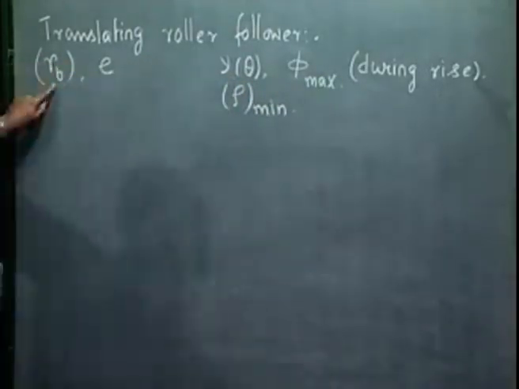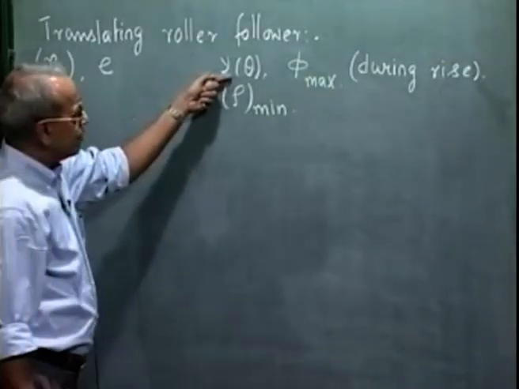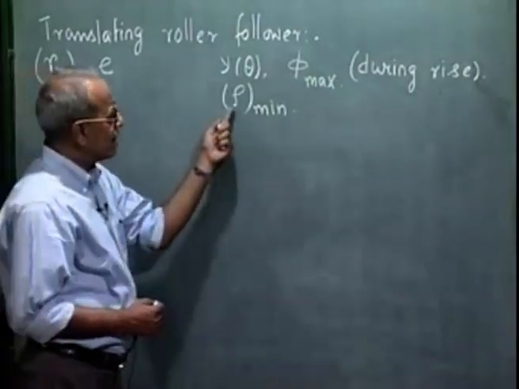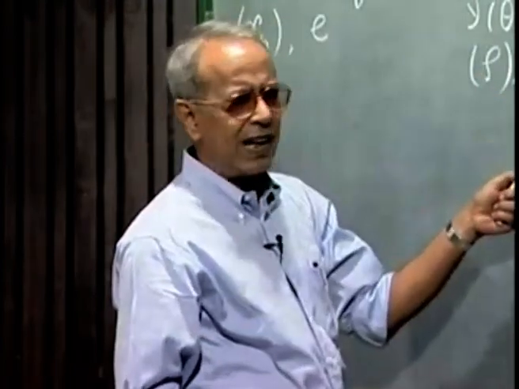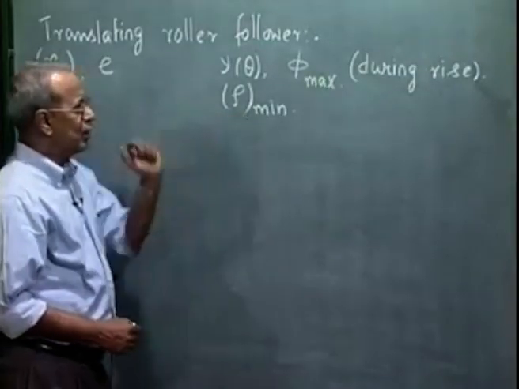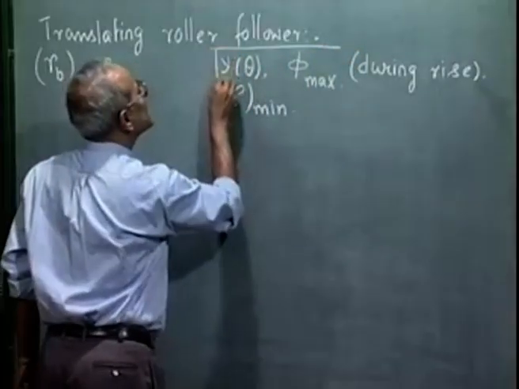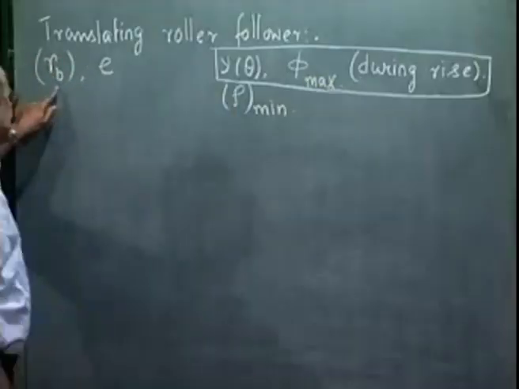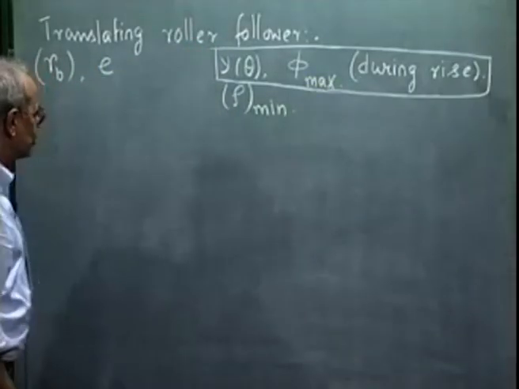I will determine RB and e, and once I get RB, for a given y theta the cam profile becomes unique, and I can calculate the rho of that cam profile at various points for various values of theta, and we should only check that this condition is not violated. So for given y theta and phi max, how to determine the values of RB and e for a translating roller follower.